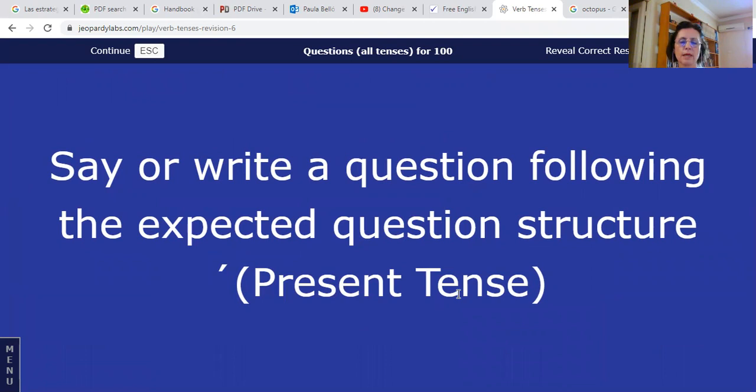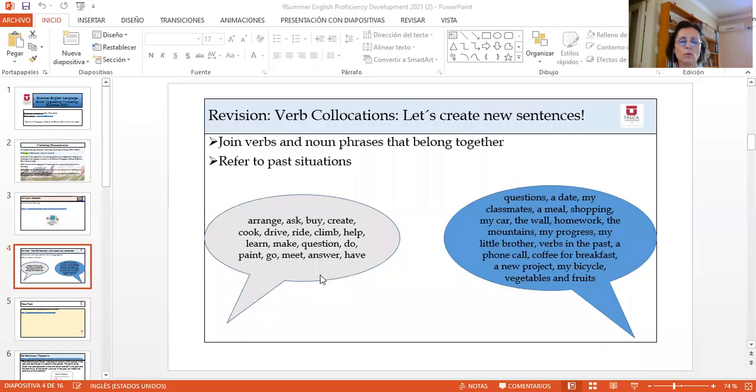A question in the present tense. So it's a routine, for example, referring to what people do every day, every week, every summer, every semester. Here you can have some ideas of verbs and complements, direct objects.